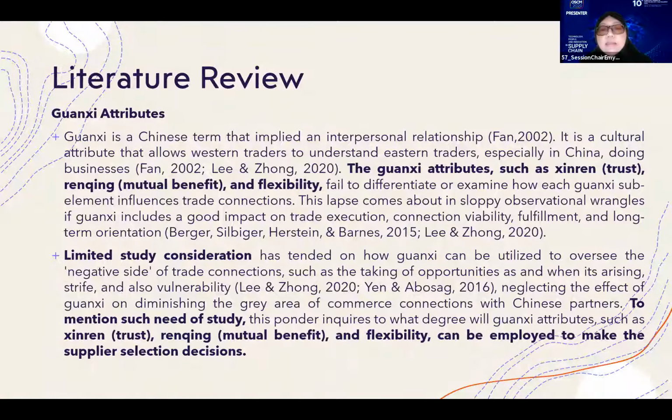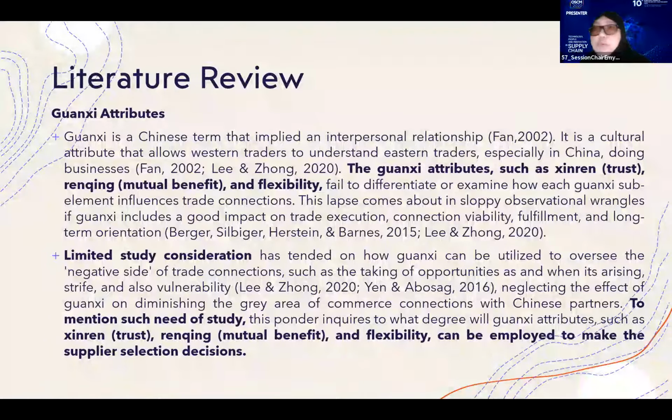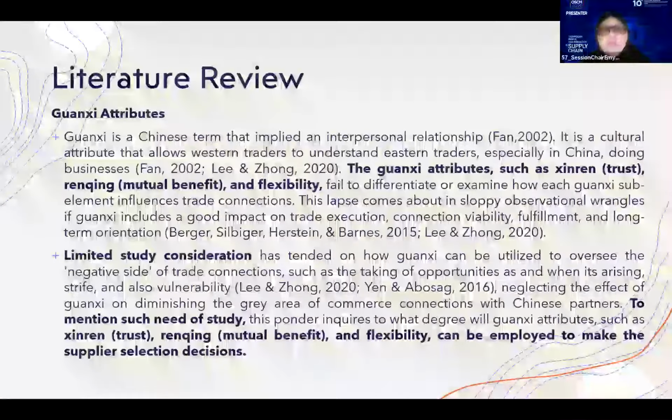And the good thing about Fan's literature is that the author showcases a different view of GUANXI, which can be bad. Most papers always talk about the good side of GUANXI, but when I read this author's paper, it shows that it can be a good or a bad understanding of GUANXI.